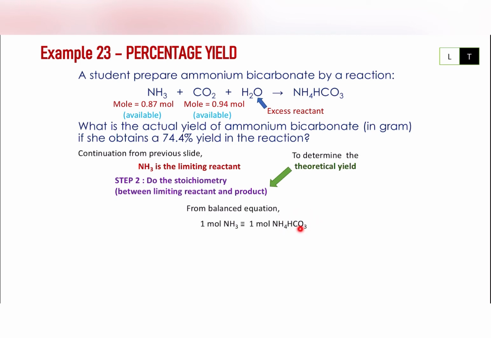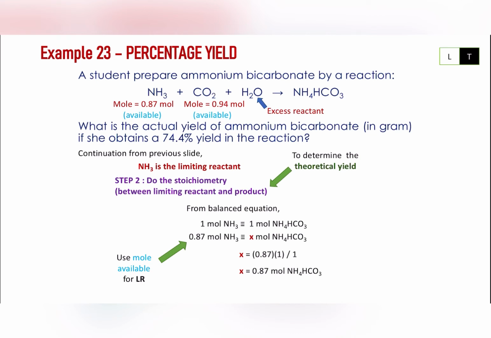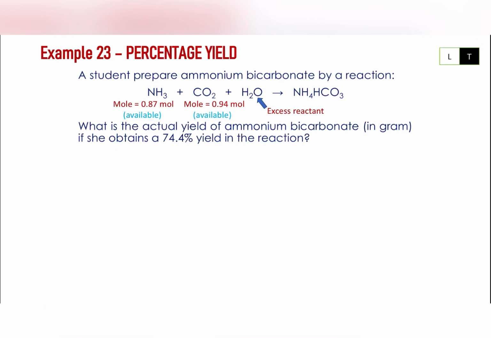So in this case, my product will be X, and mole here is the mole available for limiting reactant, because NH3 is our limiting reactant. I hope you still realize this part. And you rearrange, cross multiply, you will have X as 0.87 mole of NH4HCO3.